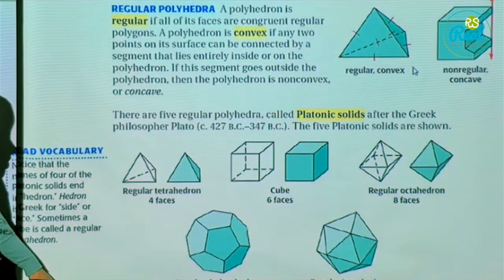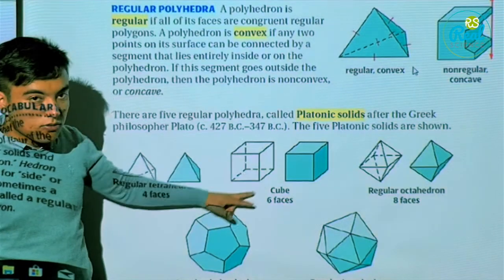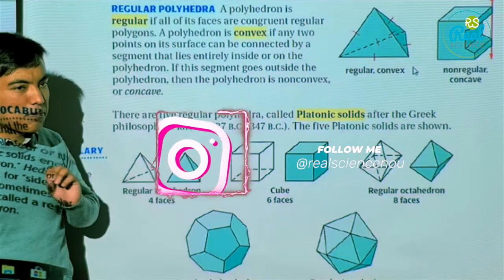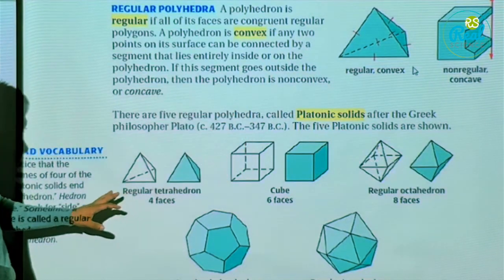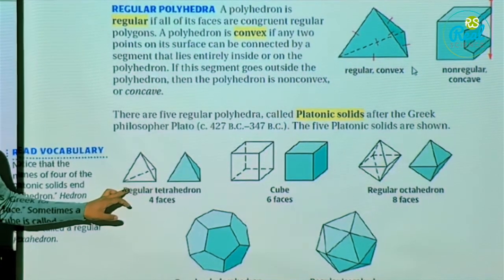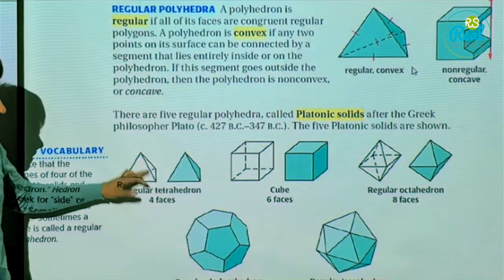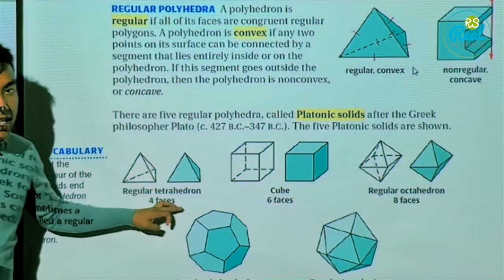Okay? And cube, all sides are equal. Here, students, edges are equal, absolutely equal, all edges. Okay? And they have specific names. For example, actually it's a pyramid. Yeah? It's a pyramid. But if all sides are equal, all edges are equal, the name is going to be tetrahedron.